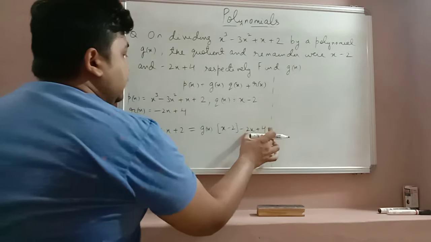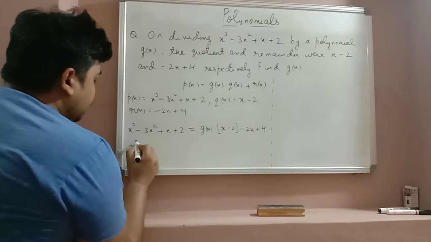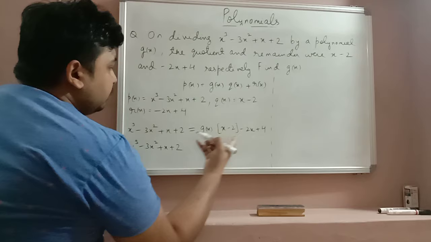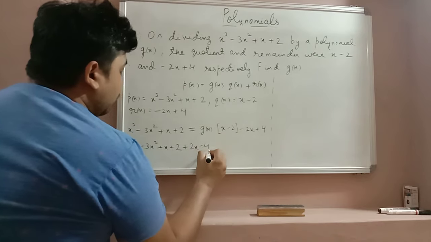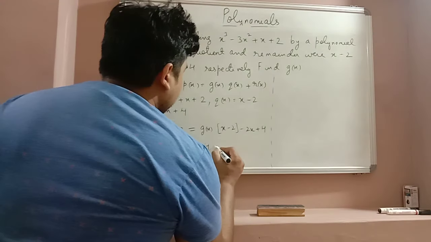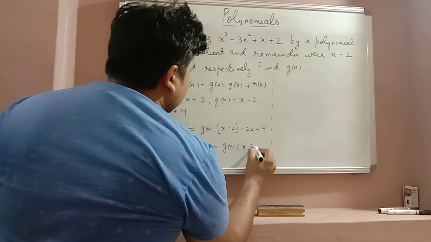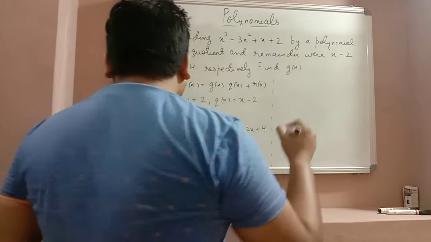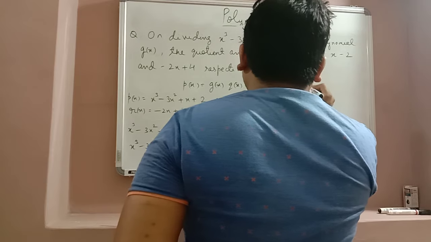Alright, let me bring these two terms on the left hand side. So I'll get x cube minus 3x square plus x plus 2 plus 2x minus 4 equals to g of x into x minus 2. Now on further solving we get x cube minus 3x square.